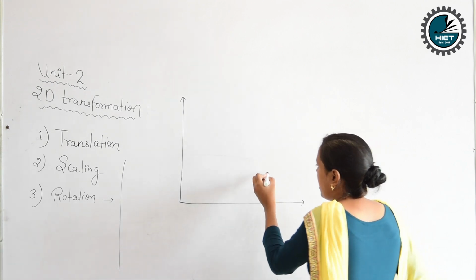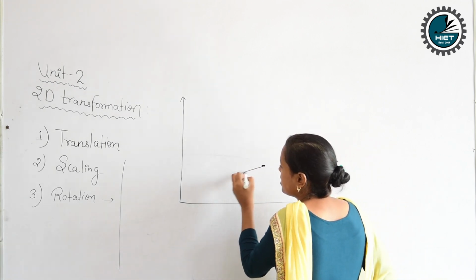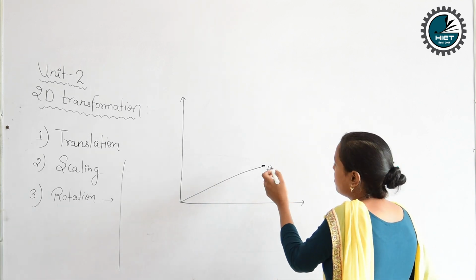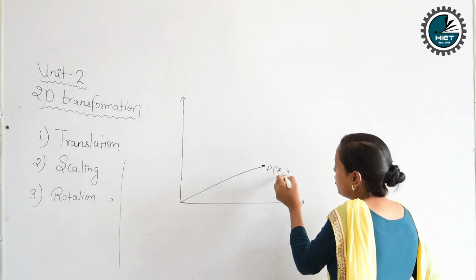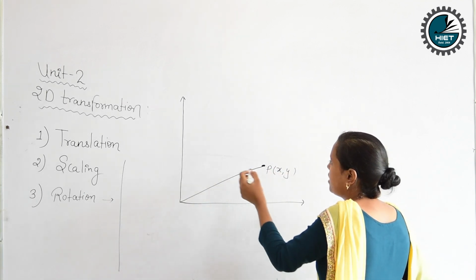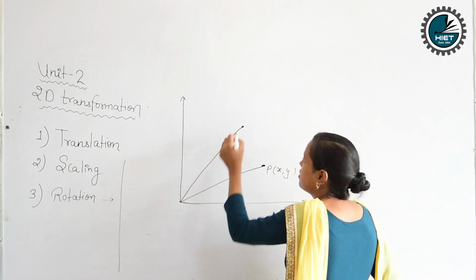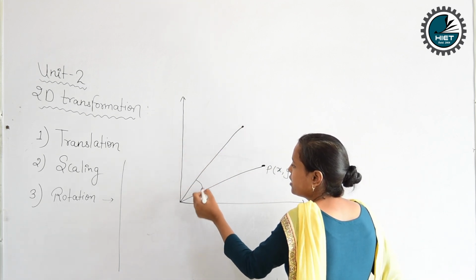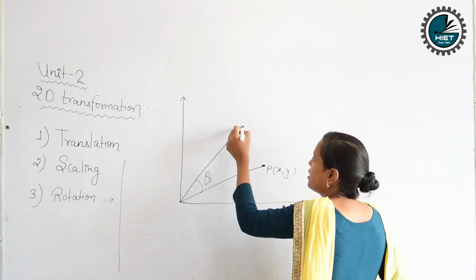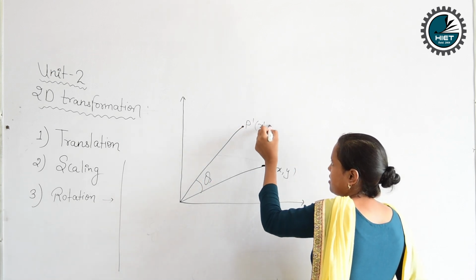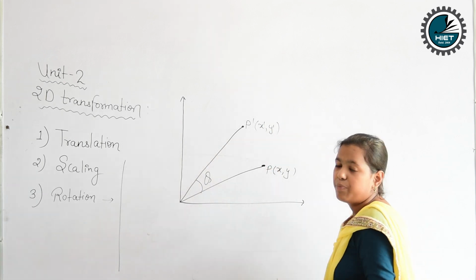So I am considering a point P. This is the original coordinate of the old point. P is x comma y, and the new point after rotation by theta will be P dash. The coordinate of P dash will be x dash and y dash as per the matrix rule.